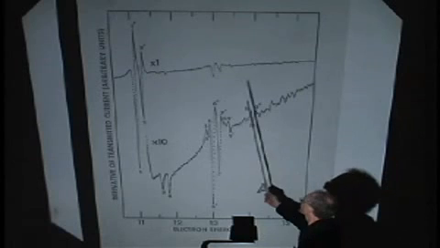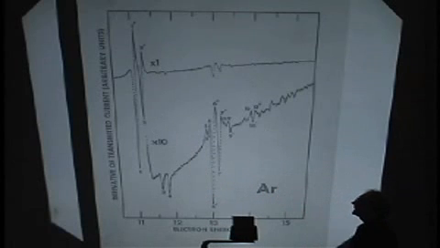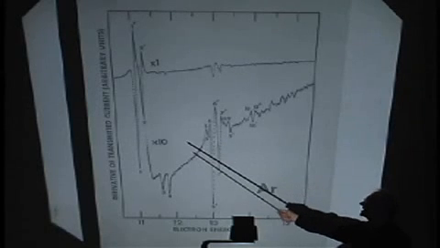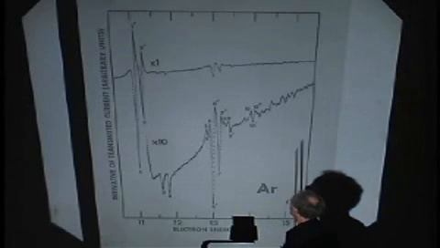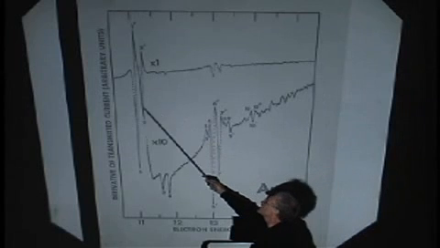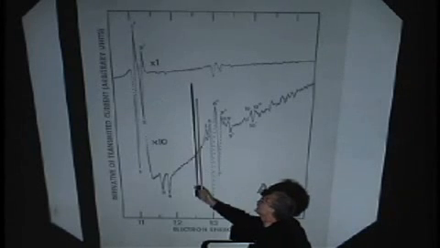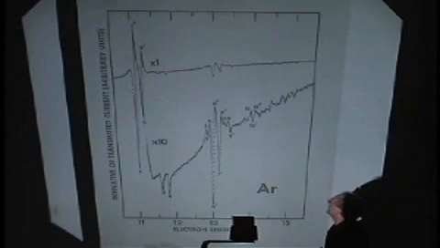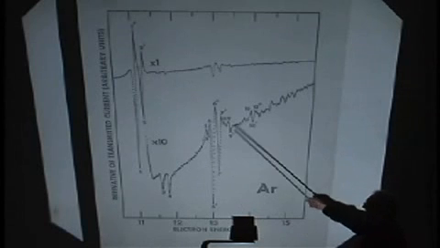So you can see here, these are actually the first energy derivative of Fano profiles in the total scattering cross-section of argon. And what you see is the first resonance here associated with the first excited state. And the other ones are associated with higher excited states of argon.